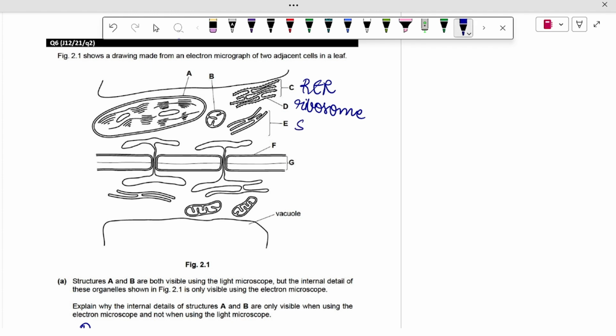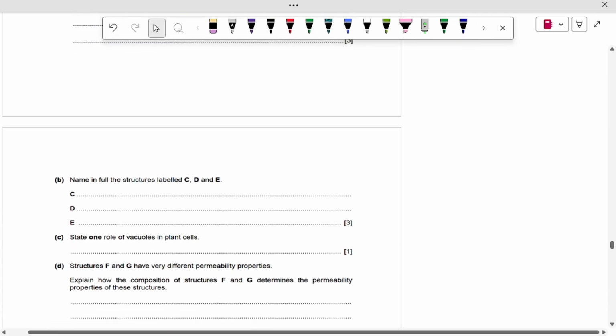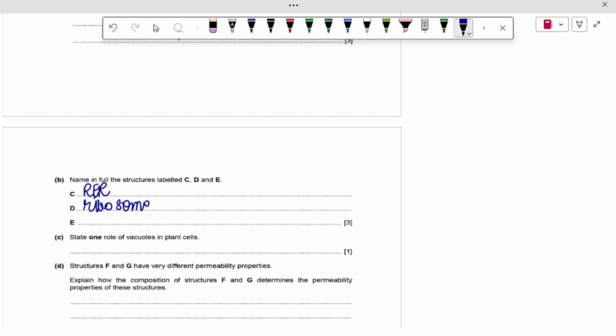So obviously the second one is going to be your smooth endoplasmic reticulum. So C is your rough. Full form लिखना please. अभी to save our time and to do maximum question in the class, which is why I'm writing short form. E is your smooth.